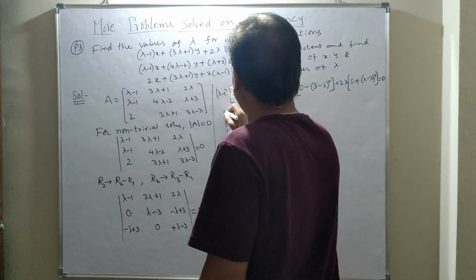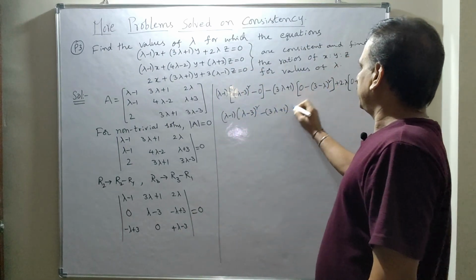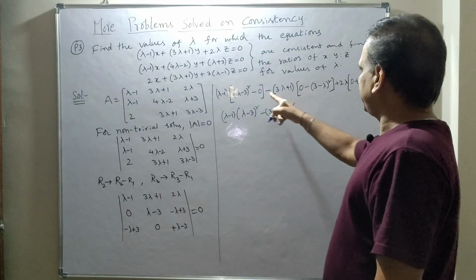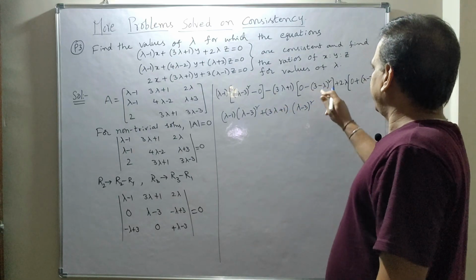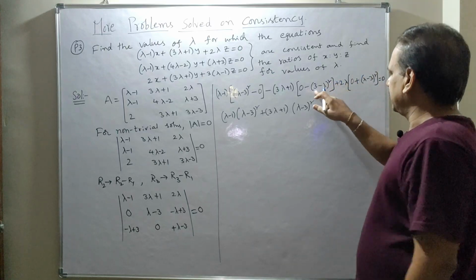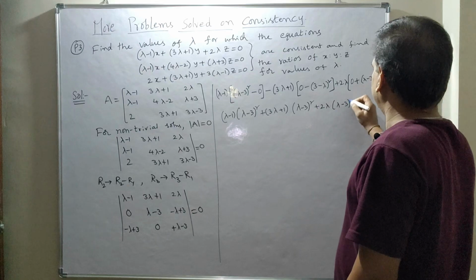So it is lambda minus 1 into lambda minus 3 whole square, minus 3 lambda plus 1 into, here also you can write minus into minus plus, and this also you can write lambda minus 3 whole square, plus 2 lambda into lambda minus 3 whole square.